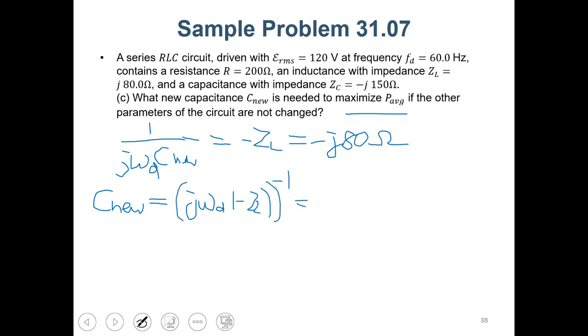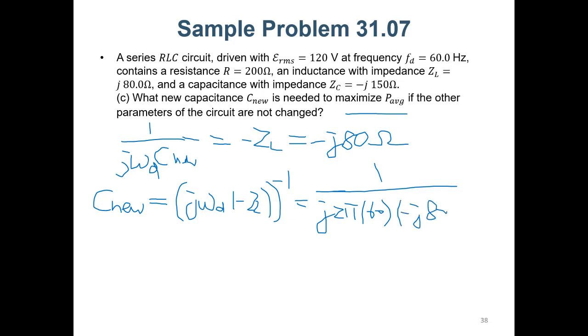So it will become something like 2 pi times 60, and then we have j times minus j80.